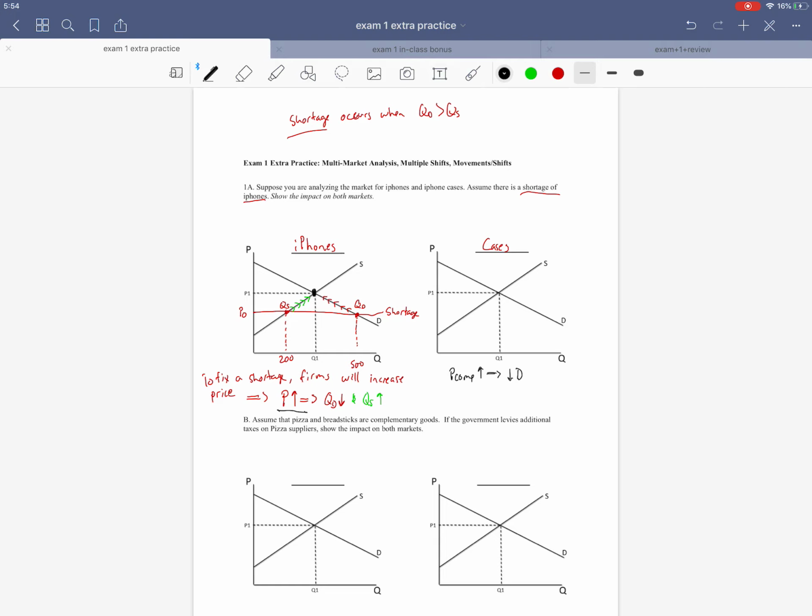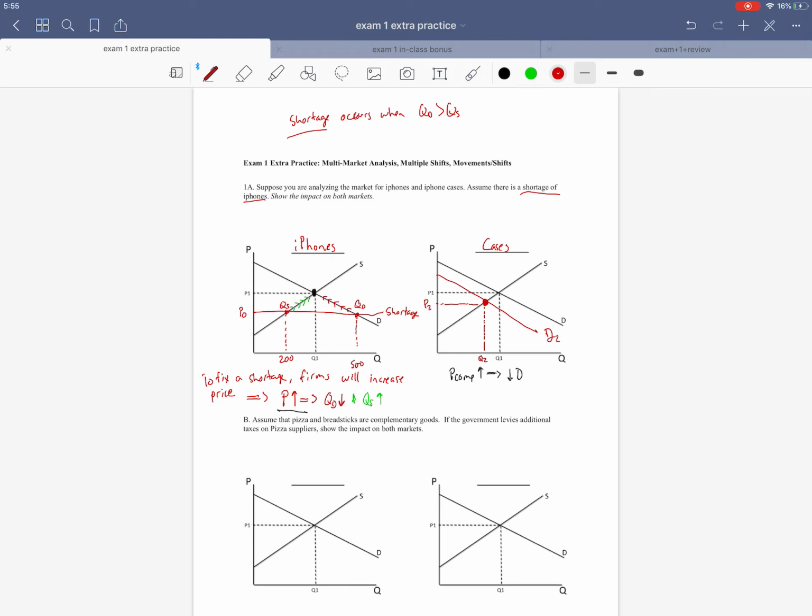Anytime there's a decrease in demand, that means there's going to be a leftward shift of our demand curve. We'll find our new equilibrium price and quantity where our new demand curve intersects our existing supply curve. Let's call this P2 and Q2.